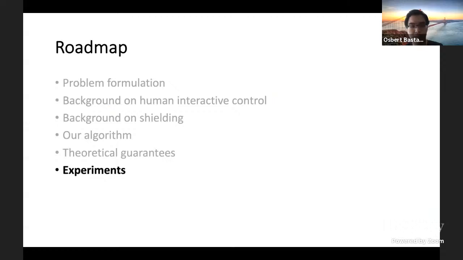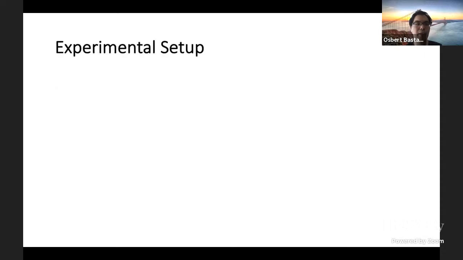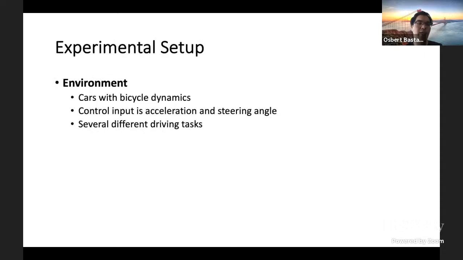So finally, just to wrap up, I'm going to give some results from the simulation experiment. It's the same one I showed at the beginning of the talk, but we have a variety of different results illustrating different properties of our approach. The experimental setup is an environment with a car model with bicycle dynamics.